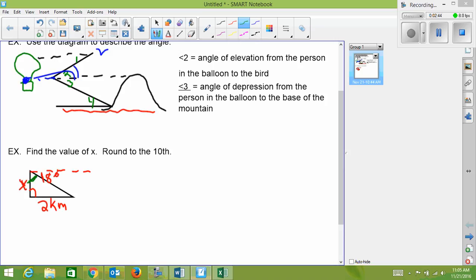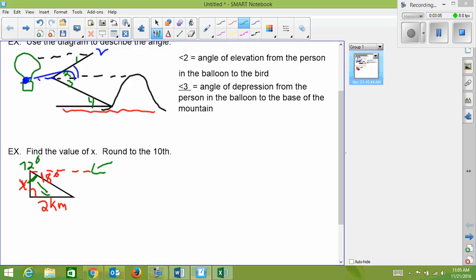Since the outside of that one is 18 degrees, and this horizon line is making a 90-degree angle over there, I know that that green angle right there is 72 degrees. I need that to be able to do this.